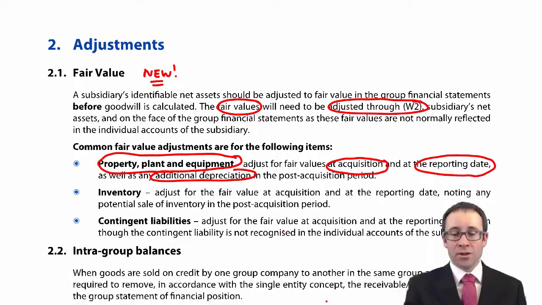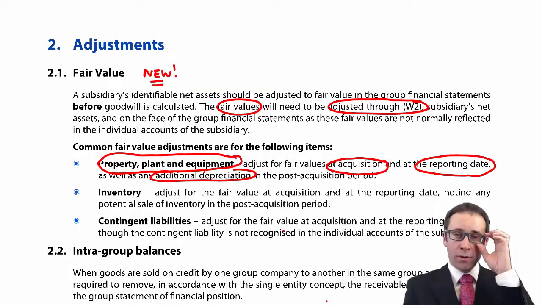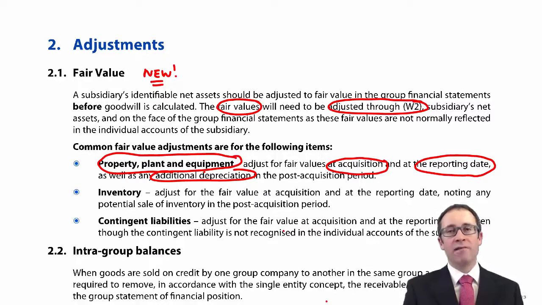So what we'll need to do, in the post-acquisition period, so at the reporting date, is adjust for any extra depreciation on that fair value adjustment. Okay, and we'll see that adjustment as we go through the example on fair value adjustments. It's a tricky little adjustment, but one that you see so many times that you usually get quite comfortable with it.